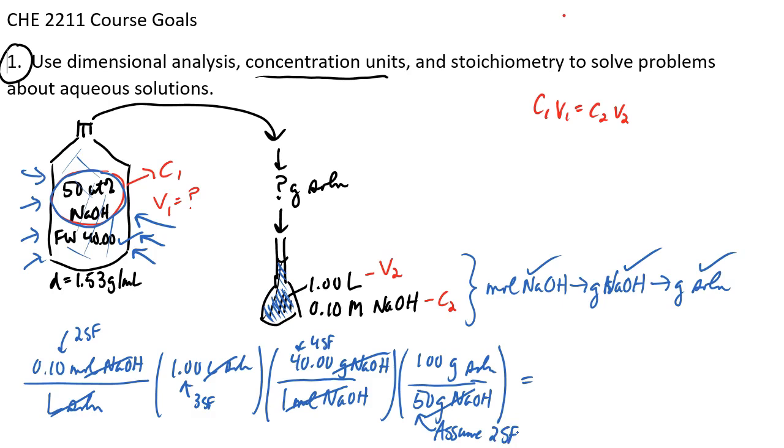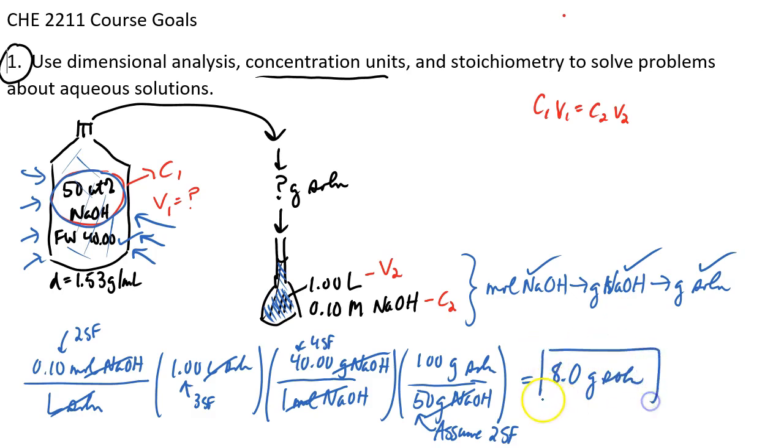So let me do the arithmetic on my calculator, and again I hope you do the same. 0.1 times 1 is just 0.1 times 40 times 100 divided by 50. Oh, I'm getting exactly 8, so I have to have 2 sig figs and call it 8.0 grams of solution.